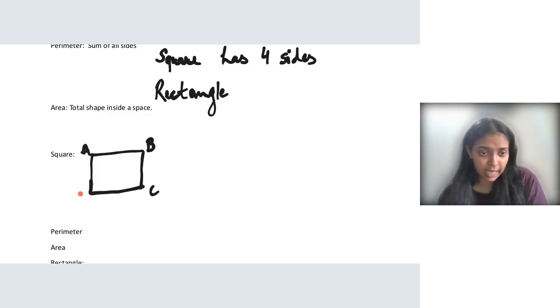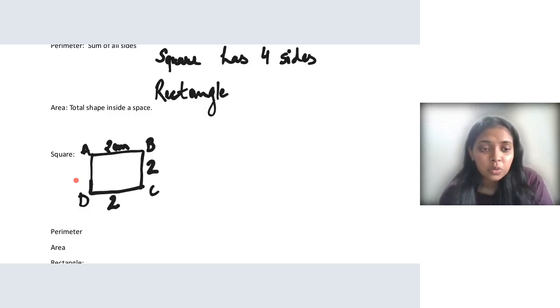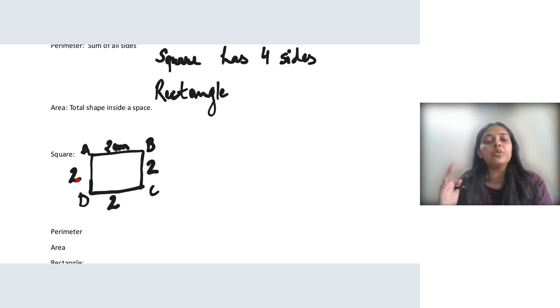How will I find the perimeter if one side equals 2 centimeters? We'll add all the sides. This is 2, this is also 2, this is also 2, this is also 2. If I add all these 2s, what will I get? 8. So the perimeter will be 8 centimeters.